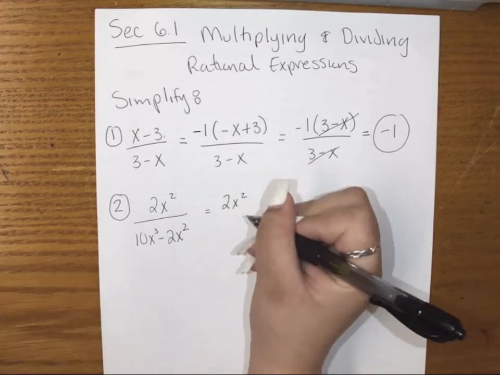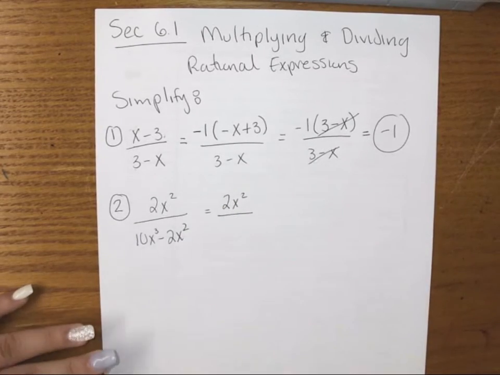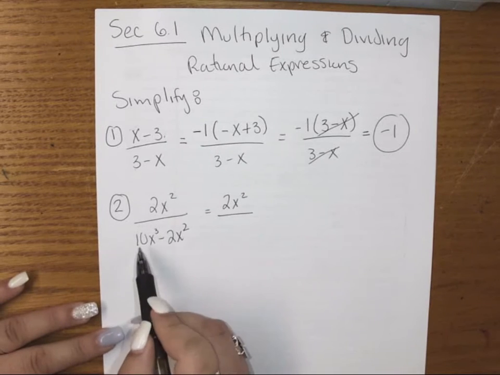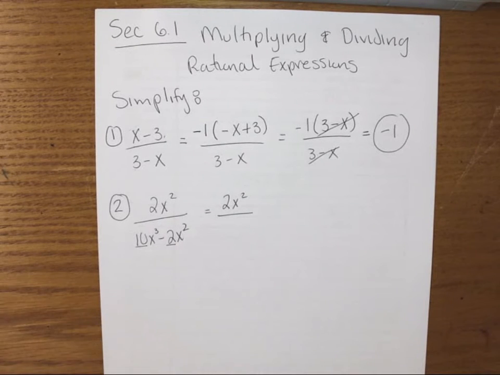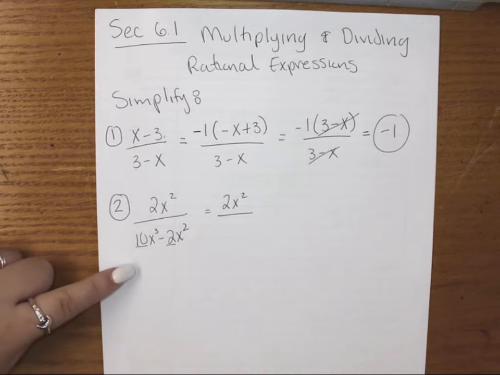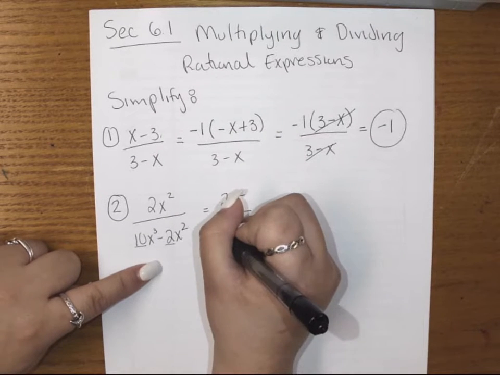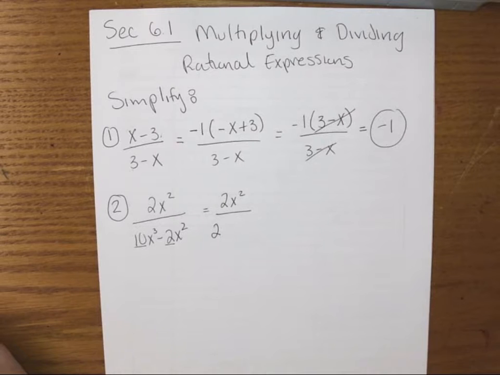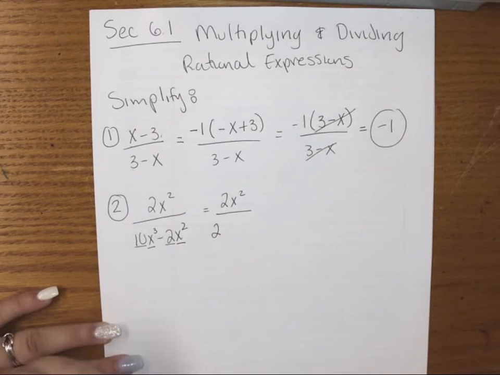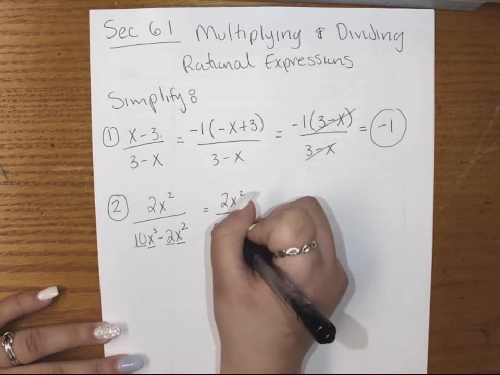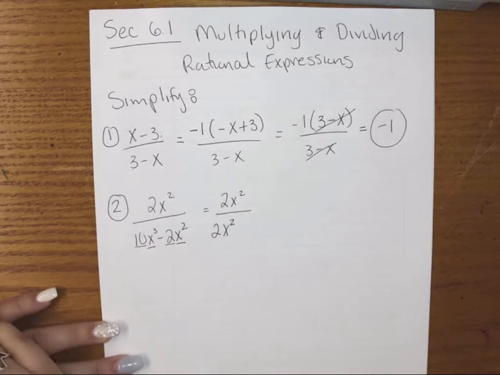There's nothing we can really do with the top, so we simply write 2x². On the bottom, we're dealing with the 10 and the 2. You have to try to find the greatest common factor. Between 10 and 2, I see that they're both divisible by 2. Here I have an x³, here I have an x², so they both have x² in common.